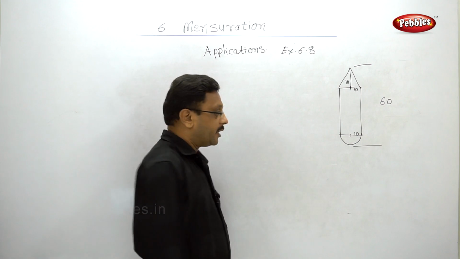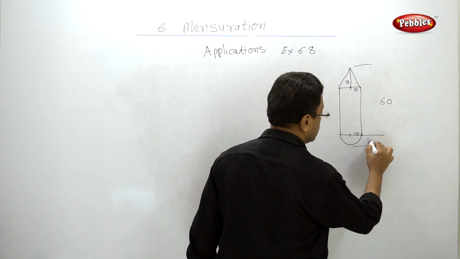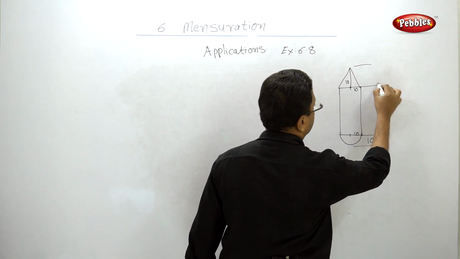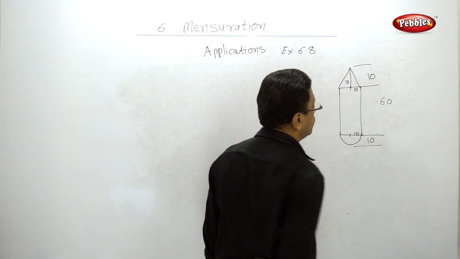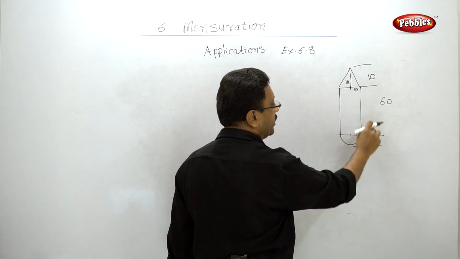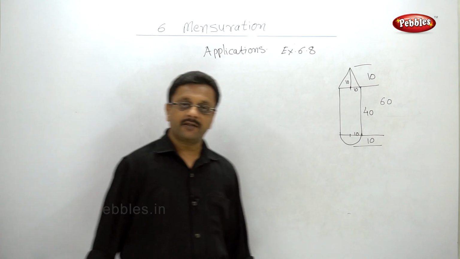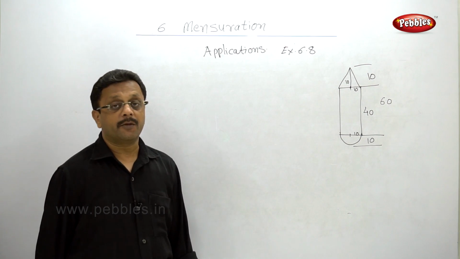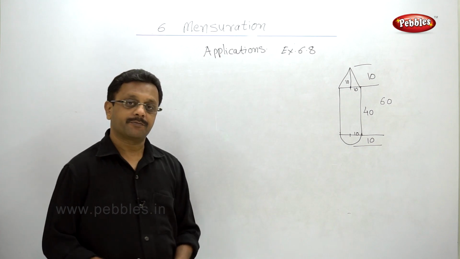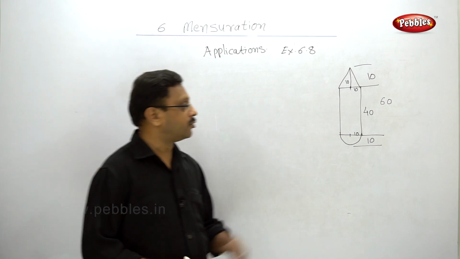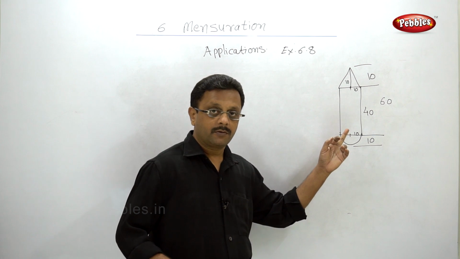But you know the radius, that means this is 10 and this is 10. So what will be the height of the cylinder only? It is 40. Correct? So you have to interpret the figure in this way.